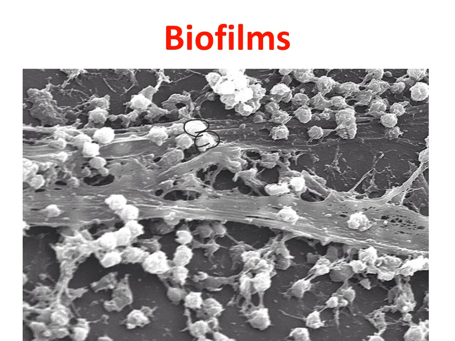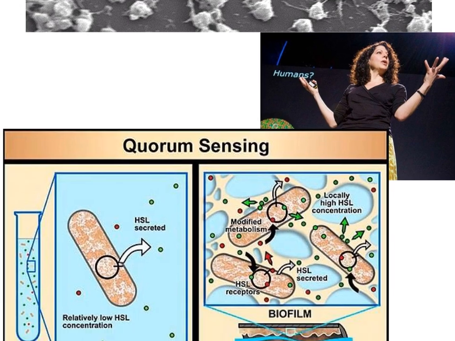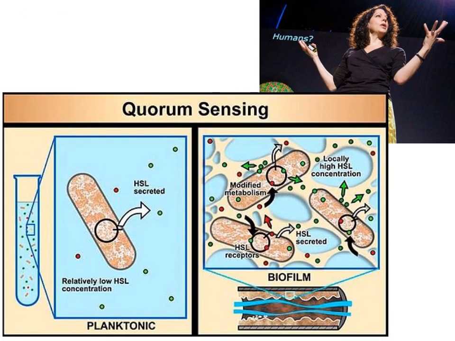You've got your individual bacteria cells, and then you can see all of the gooey secretions. One cause of those gooey secretions is quorum sensing, which we heard about with Bonnie Bassler's TED Talk. To remind you, quorum sensing is how bacteria can talk to each other.